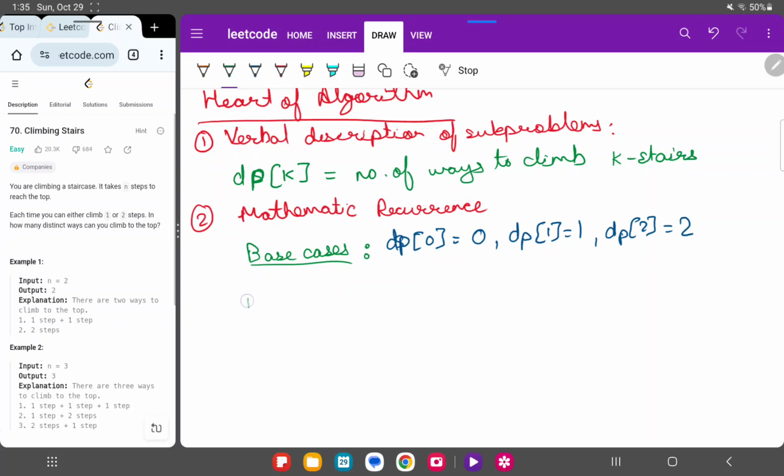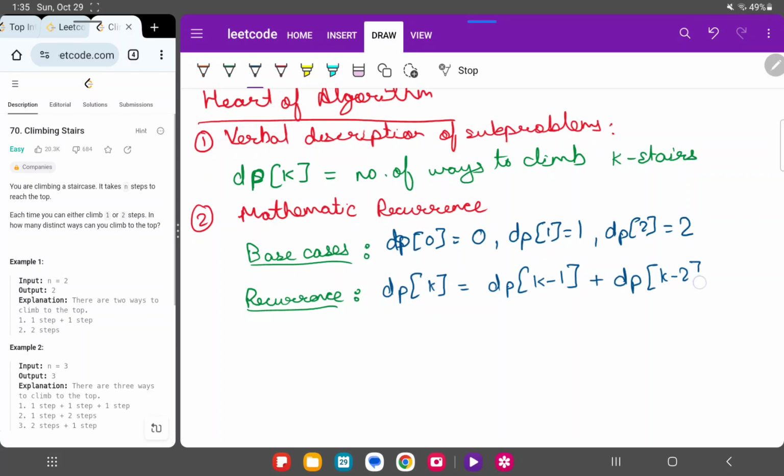What is the mathematical recurrence? How are we going to compute new values from previous values? The recurrence formula is dp at index k equals, as we had computed, the number of ways from one step back, dp k minus 1, added to the number of ways from 2 steps back, that is dp k minus 2.